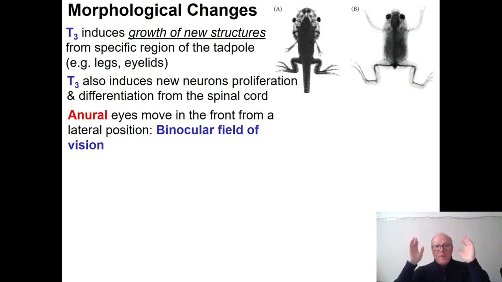So the tadpole eyes move forward and point straight. Basically, the adult frog acquires a binocular field of vision.